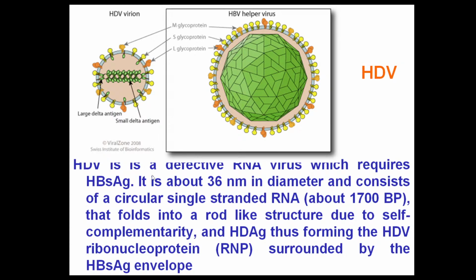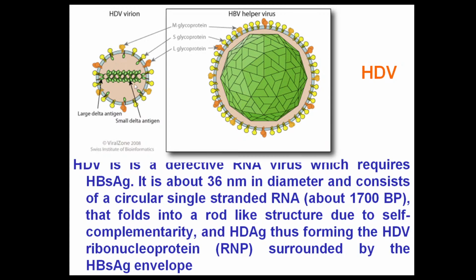Inside we have a single-stranded circular RNA molecule, a very small one with 1,700 bases, that usually folds into a rod-like structure due to self-complementarity.